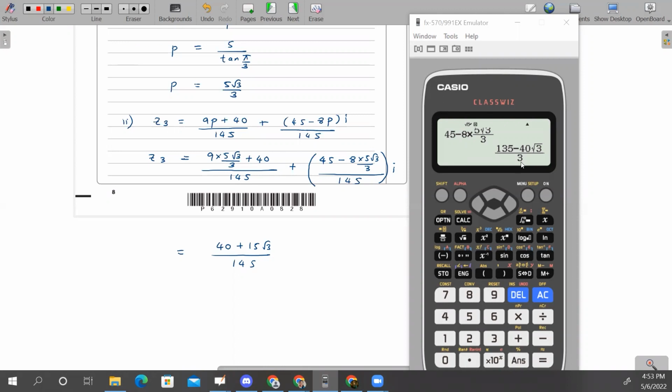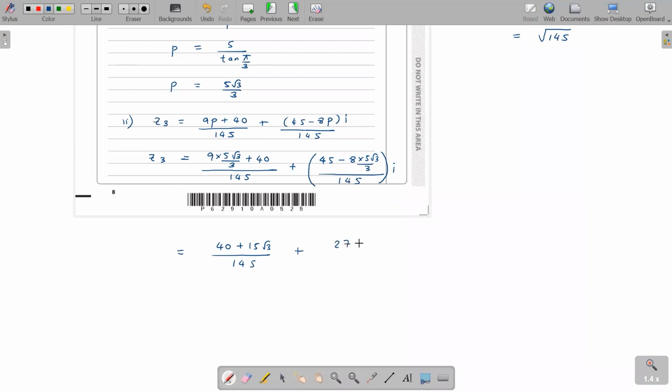This gives me 135 minus 40 root 3 over 3, which means this 3 goes down to the denominator with 145. Or else we could give this entire bracket in this manner, divided by 145. Let's see if it gives us a direct answer. Can you see the simplified answer? 27 minus 8 root 3 over 87. So these are the real and imaginary parts of Z3.